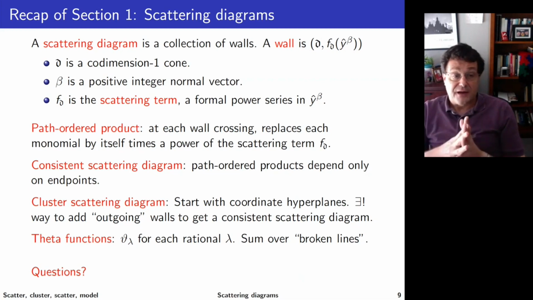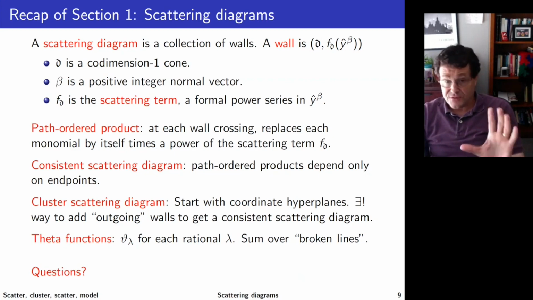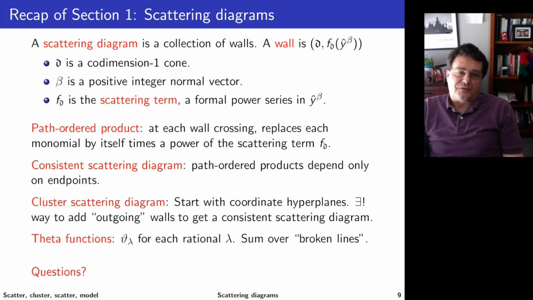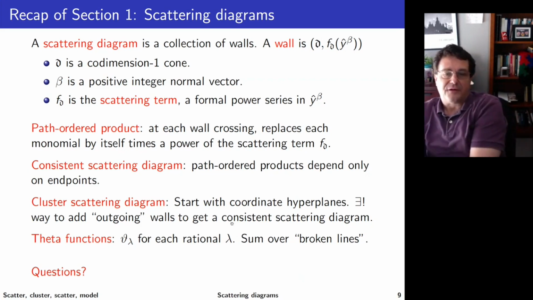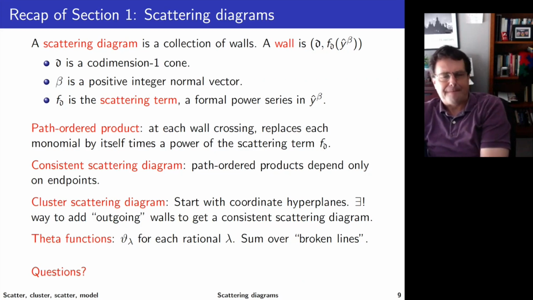And the cluster scattering diagram is this particular scattering diagram that we define that depends only on the exchange matrix that we started with. Theta functions: we have to find all possible broken lines. And for some reason I keep saying rational lambda, but I really mean integer lambda. There's a whole slew of theta functions that we get. So any questions at this point?